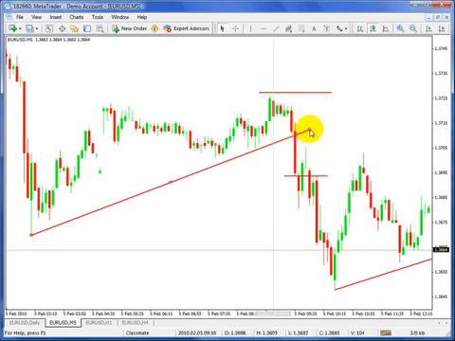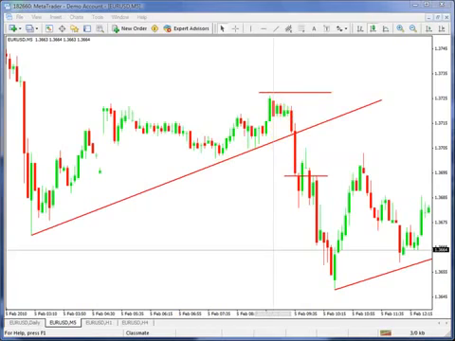Now very often what will happen is you will see a move through the trend line, and very often you will see a retracement to an area of past support or resistance. In this particular case I'll show you in a second where that is, or we will see a move to the back of the trend line before we see the move down, okay?